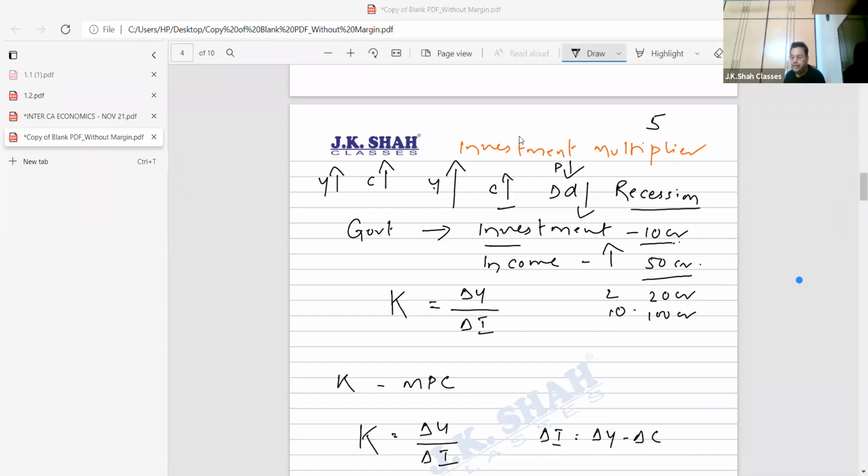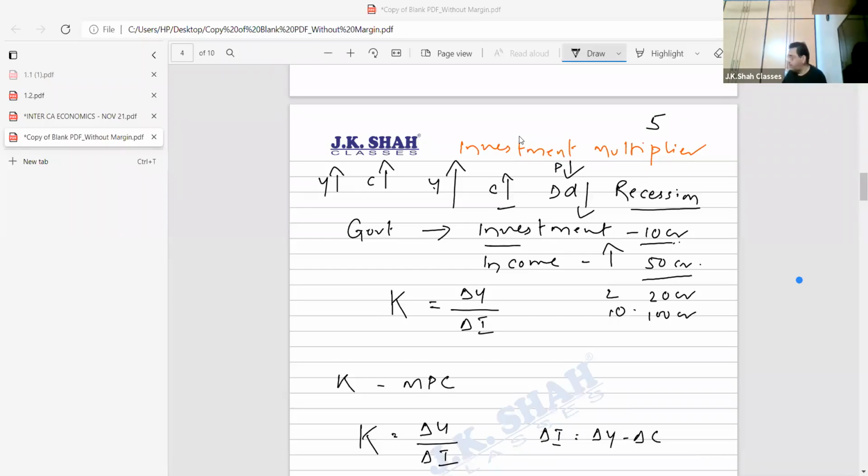Write the formula below that: K is equal to delta Y upon delta I. Write against delta Y, change in income, and against delta I, change in investment. Here it is clear, understanding now?